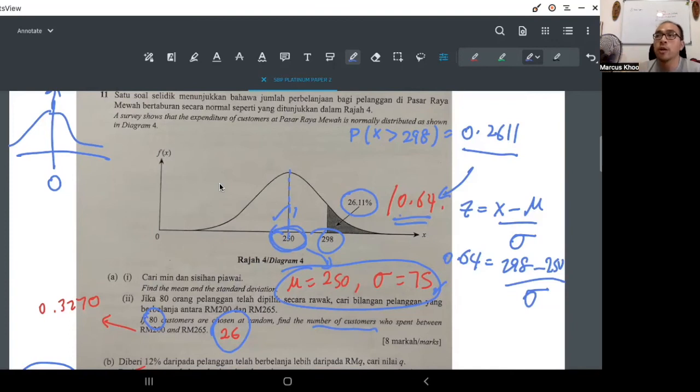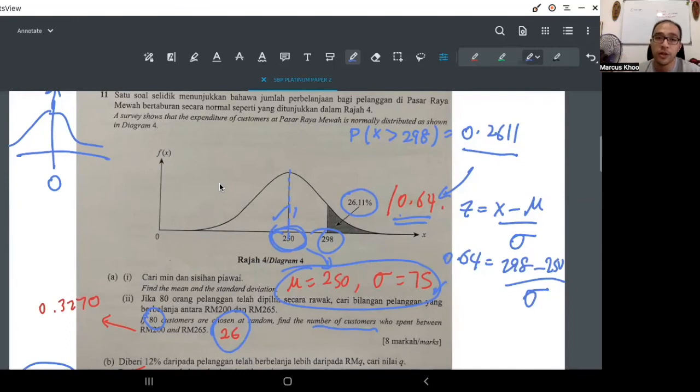One question binomial, one question normal in paper 1, and then half a question binomial and half a question normal in paper 2. But it has happened before. Paper 1 dia bagi semua soalan taburan normal saja, only normal distribution, and then in paper 2 they ask everything binomial. There's no question on normal distribution.